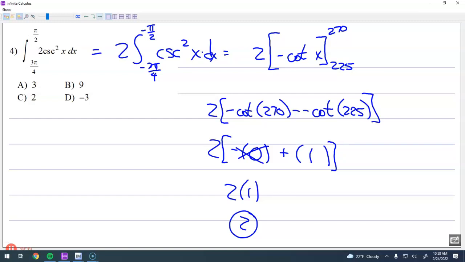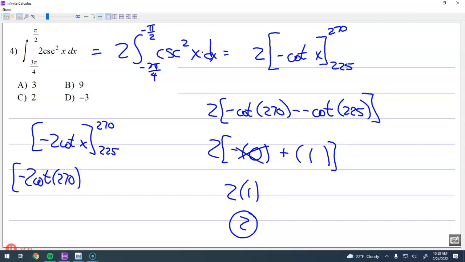Do it where you have like negative 2 cotan of x in here. So then it would be negative 2 cotan of 270 minus negative 2 cotan 225.